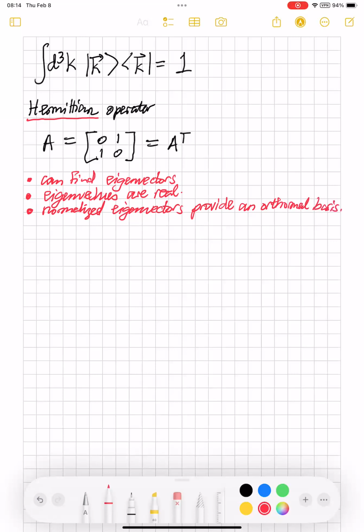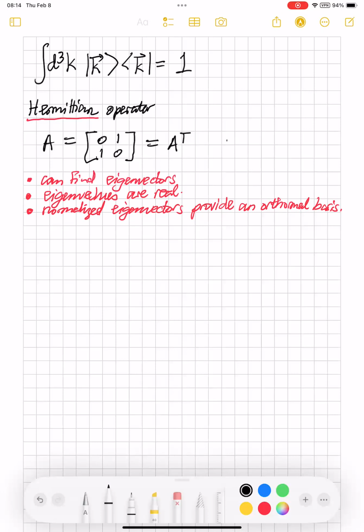And that's what we're interested in, finding an orthonormal basis. So for this operator A, I'm going to solve the eigenvalue problem. I'm going to work out the eigenvectors, and then I'm going to check the completeness relation.